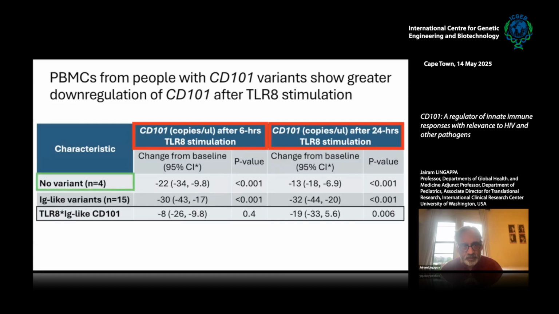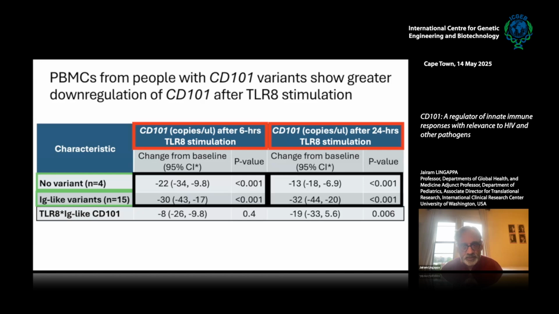We found that at 6 hours, there's clearly a reduction in CD101 expression in both, but with a stronger reduction in people with variants. This persisted and actually got stronger in people with variants at 24 hours, such that it was a statistically significant change, associated with variants having a higher and longer duration reduction in CD101 in response to TLR8 stimulation.